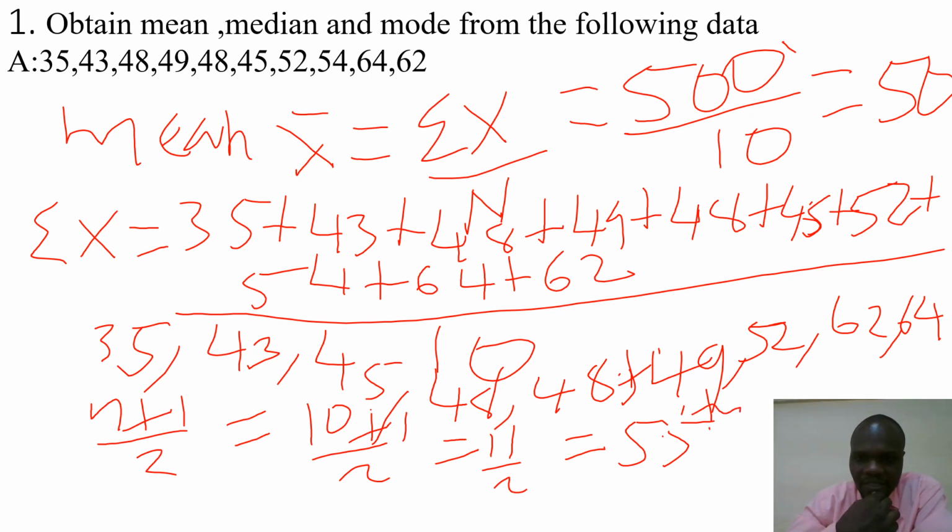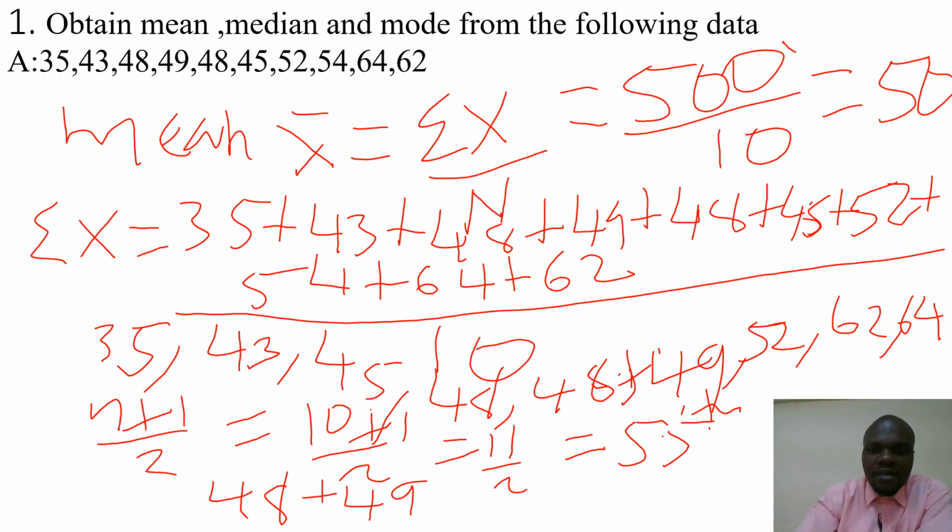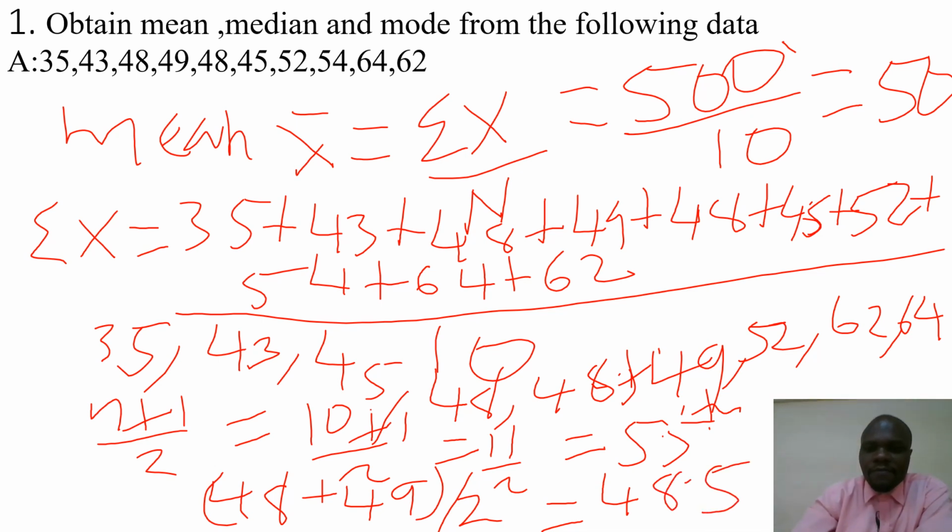The number at that position is 48 plus 49, divided by 2, which gives me 48.5. Then the mode is the most repeated number.